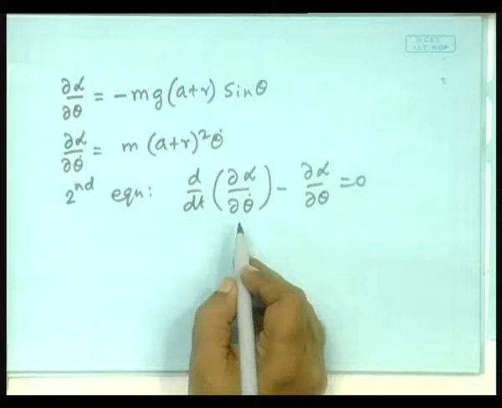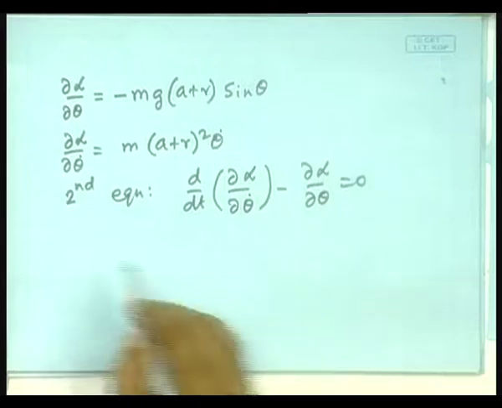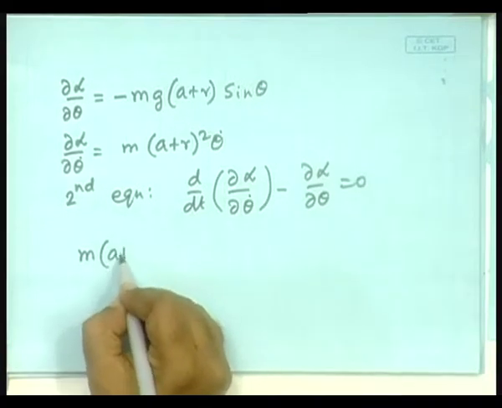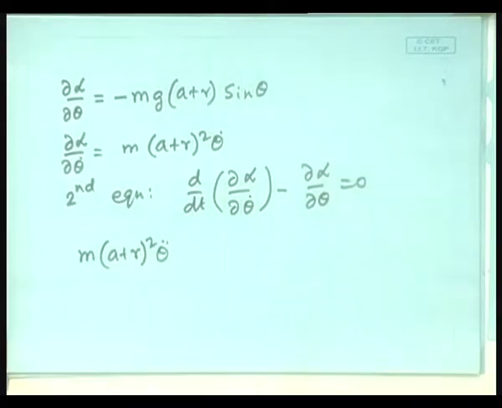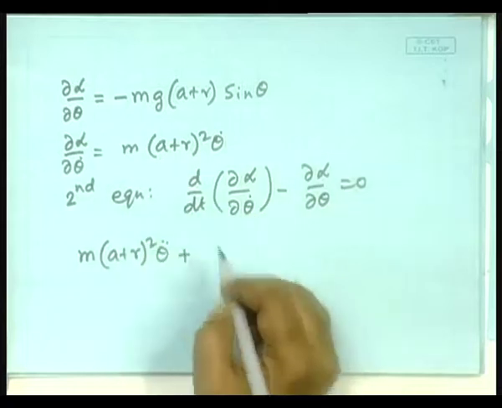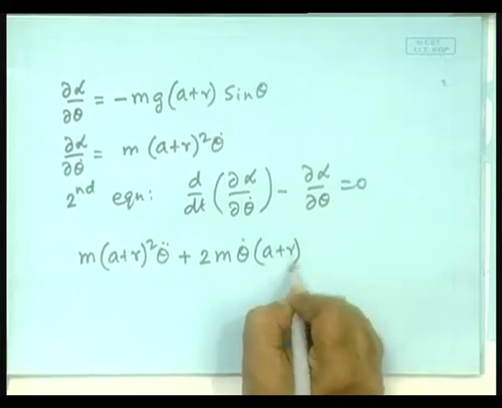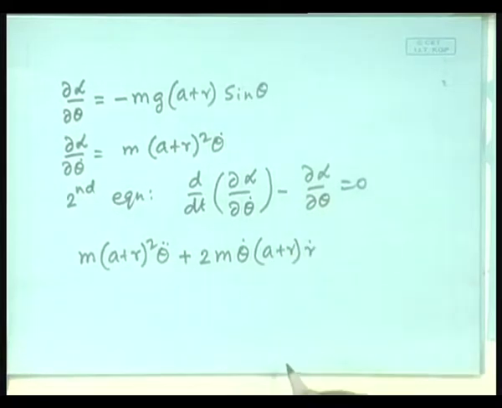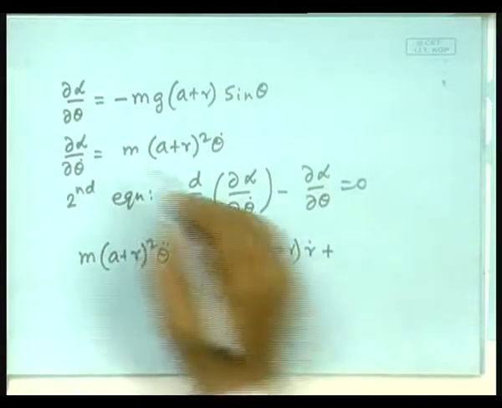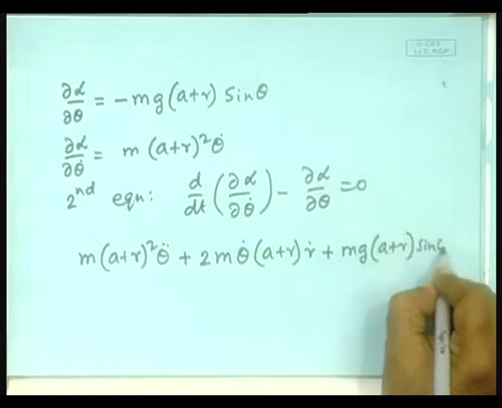So, by differentiating this, you have m (a plus r) whole square theta double dot, plus then you differentiate this one. So, you have twice m theta dot (a plus r) into r dot, and then it becomes plus m g (a plus r) sin theta equal to 0.